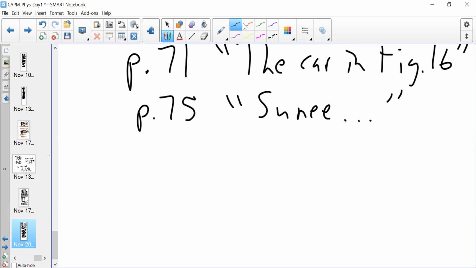Okay, let me share this screen. I guess before I do that, give me a volunteer. What was your answer for the car in figure 16 problem? What was your speed? Anybody get that one? Any groups? I got 17 meters per second. 17.